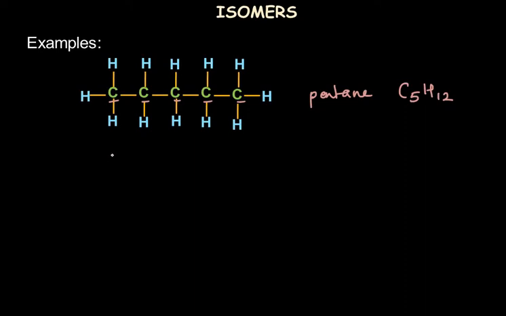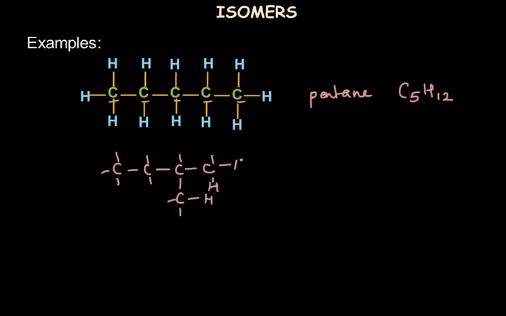So let's start rearranging this chain in different ways, in different structures. Let's start with 4 carbon atoms in the chain. Here are 4 carbon atoms in the chain and 1 carbon atom goes in the branch, and the remaining bonds of all carbon atoms will be occupied by hydrogen.